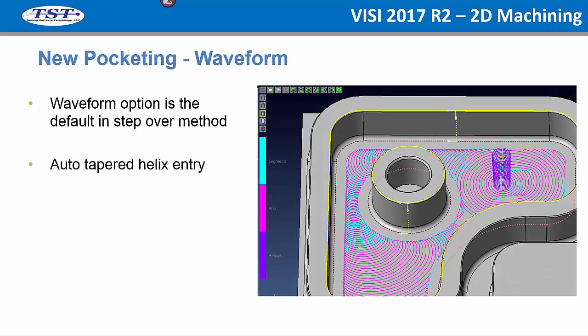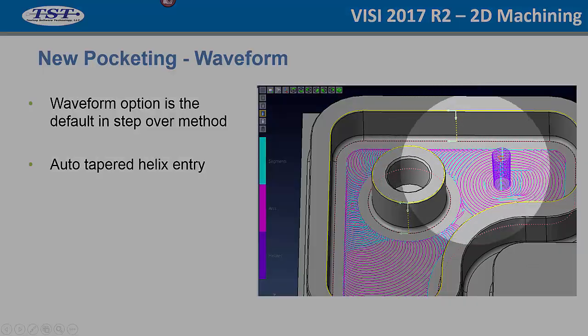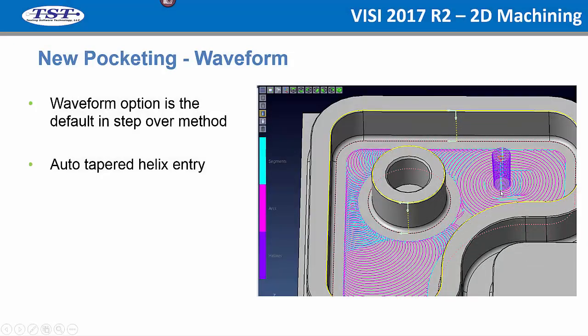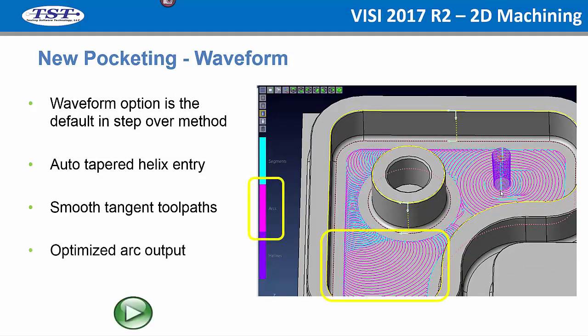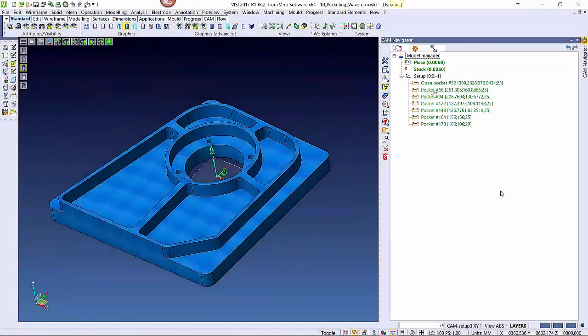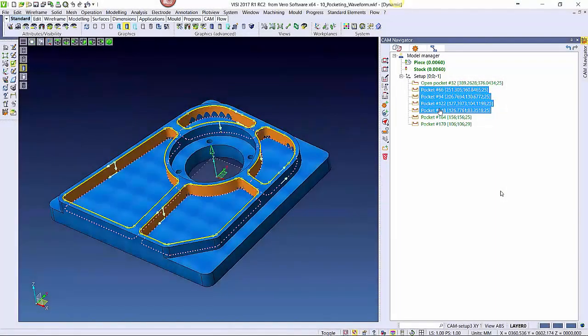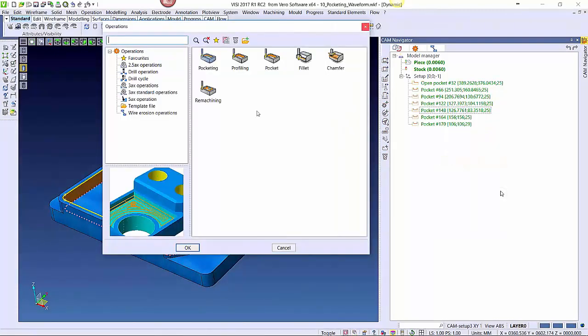So it's going to have a tapered entry to it. You can kind of see this here. It's almost like a beehive, well, not quite a beehive, but just a tapered entry. Some smooth tangent toolpaths, as you can see here, and optimize arc output.